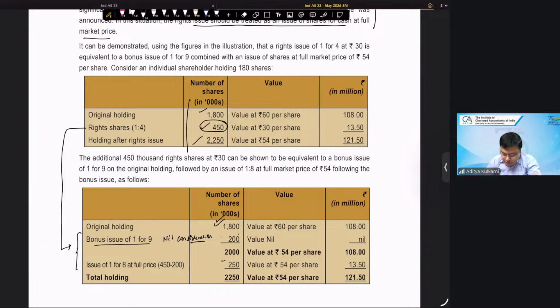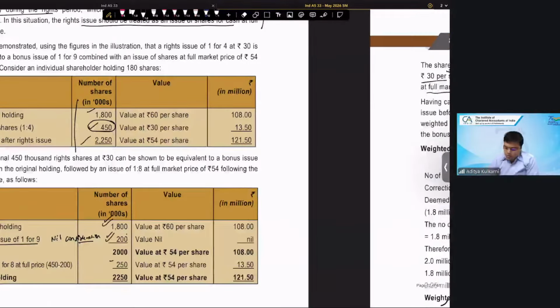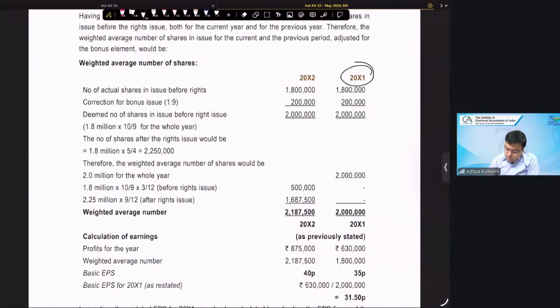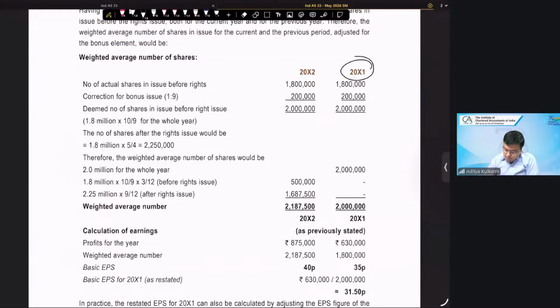And I'm also going to get bonus. So can I say that 2,000 shares were there in issue right from the beginning of the period? Yes or no? Yes, sir. So your restated number of shares is 2,000 thousands. That means 20 lakh number of shares.